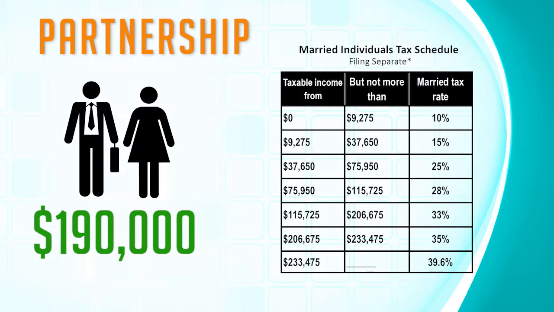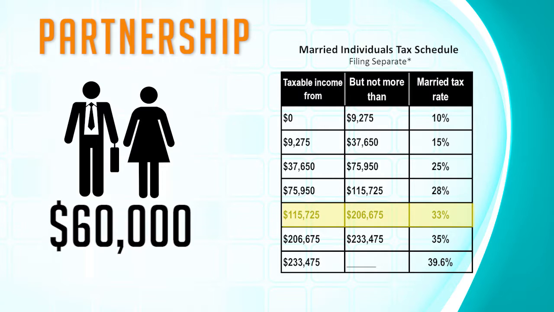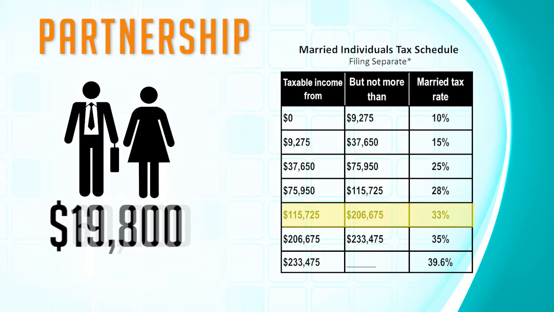Looking at the following table for married taxpayers, we see that any income that falls between $115,725 and $206,675 is taxed at 33%. So the $60,000 from Example Inc. is taxed at 33%, which means Jack pays $19,800 on his share of the business income.